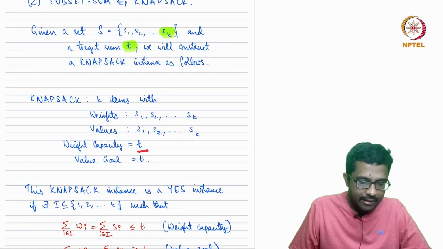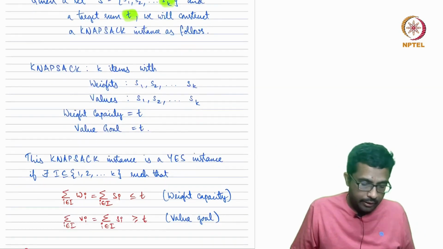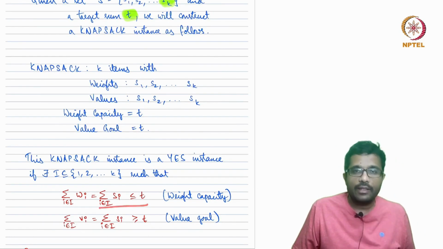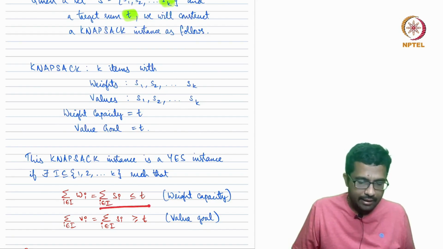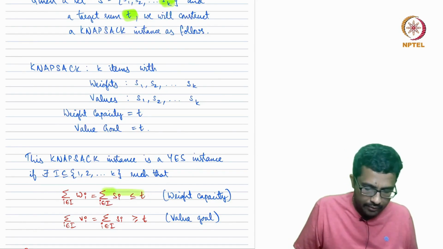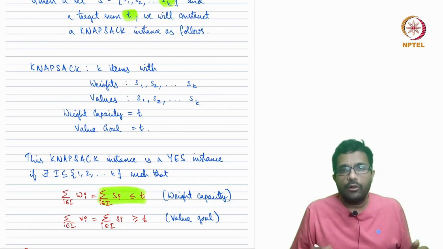So the weight capacity here is T. The sum of weights is actually the sum of Si for i that belong to I. So is there a subset of the indices such that for these indices the sum of Si is at most T. So the weight capacity gives us this, and the value goal is G.